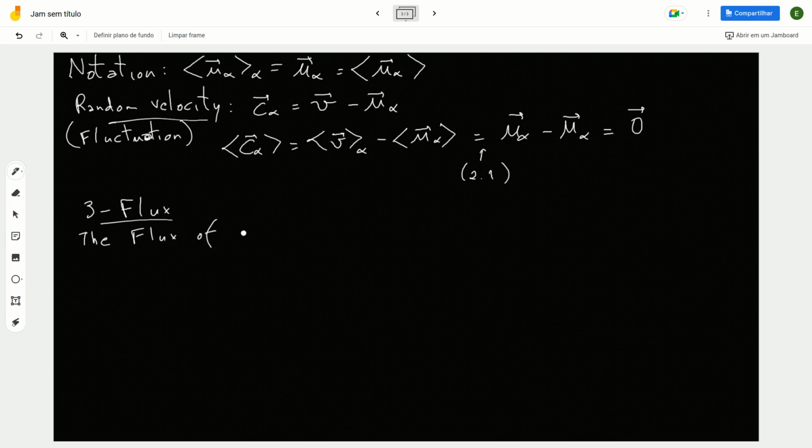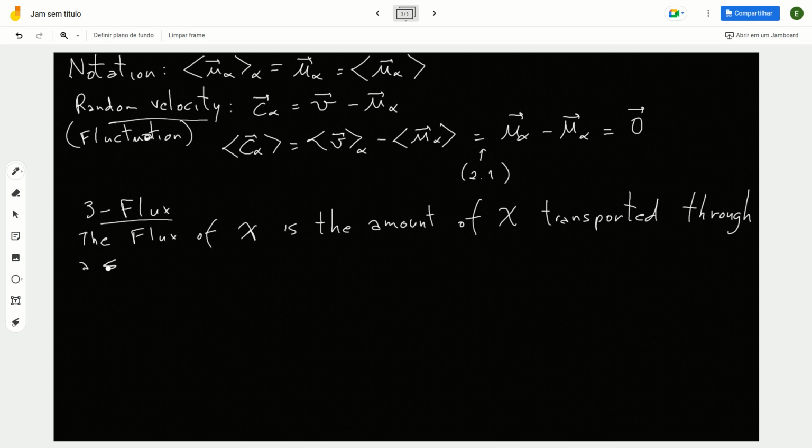Flux of chi is the amount of chi transported by the particles, because each particle has some amount of this quantity, and if the particle is moving, it goes across some surface and it's transported through a surface, per unit area and unit time.